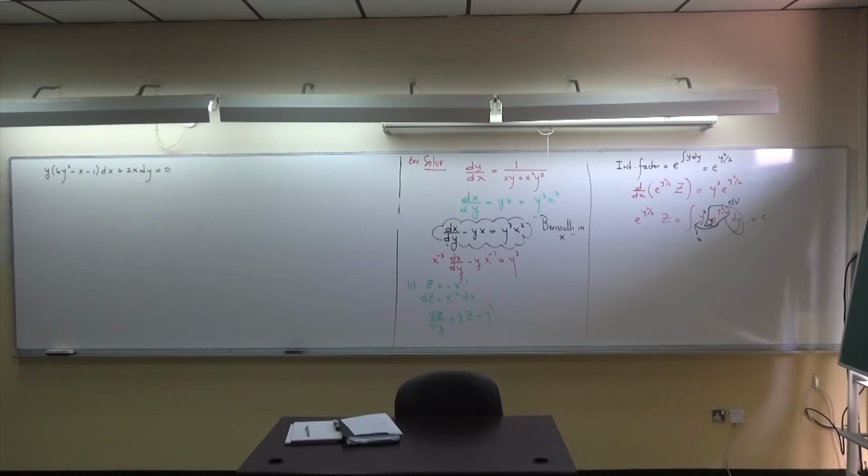Again, it's not separable, it's not homogeneous. I think if you check, it's not exact, right? Maybe determining an integrating factor will work. I don't know, you have to try it. But right now we're discussing Bernoulli, and if you pay attention to the problem, you can easily see that this is a Bernoulli's equation.